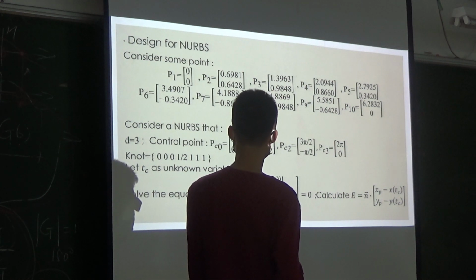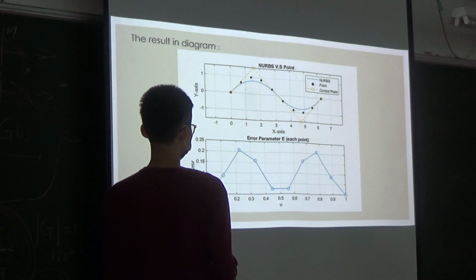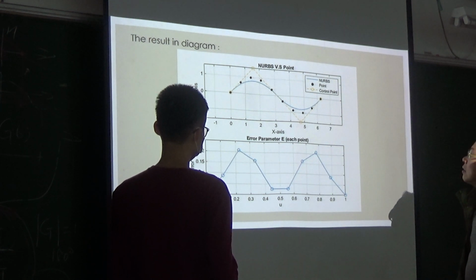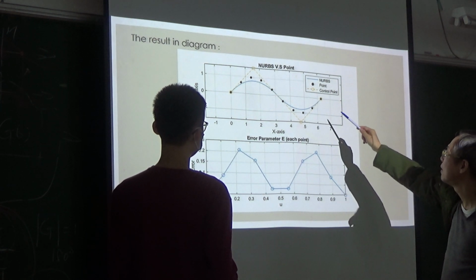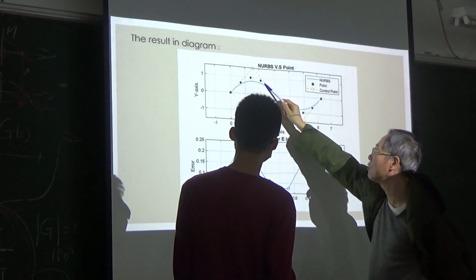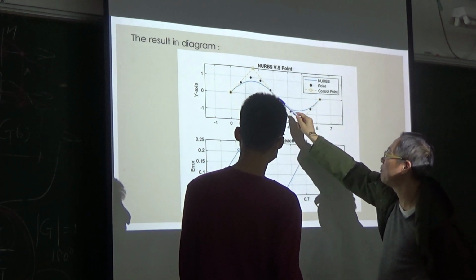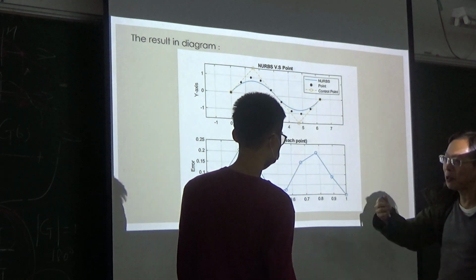This one you have this, and then next. So here you choose only 4 control points, wanting to fit into this. So these points are given by you, like you want to try.